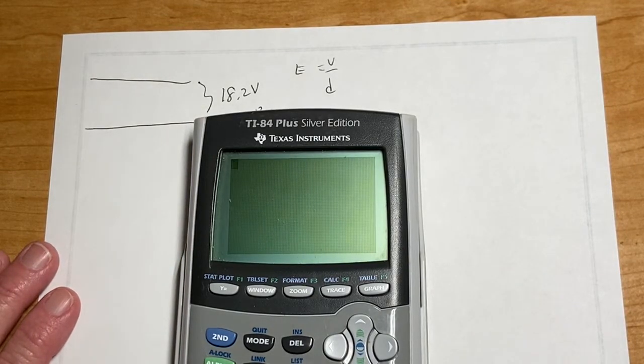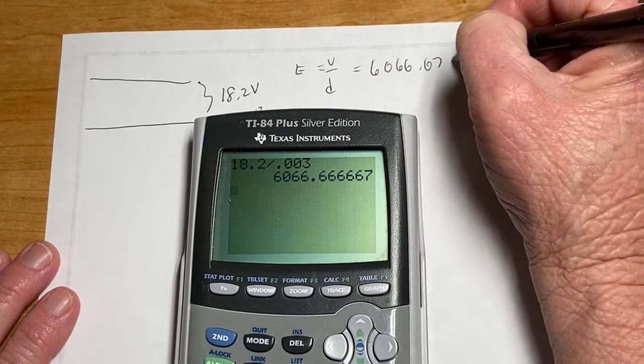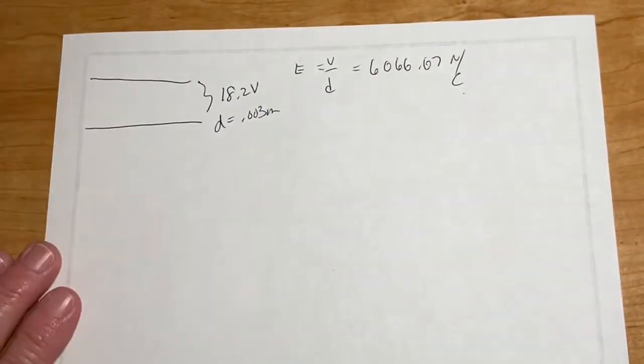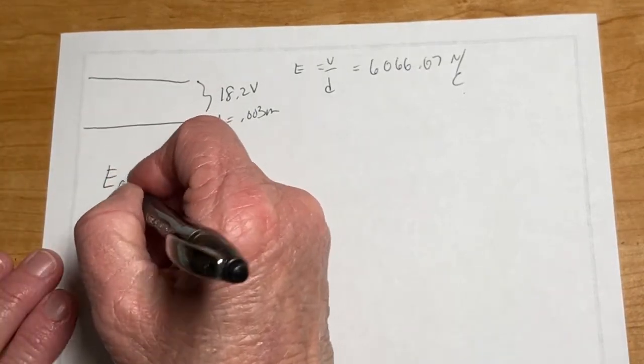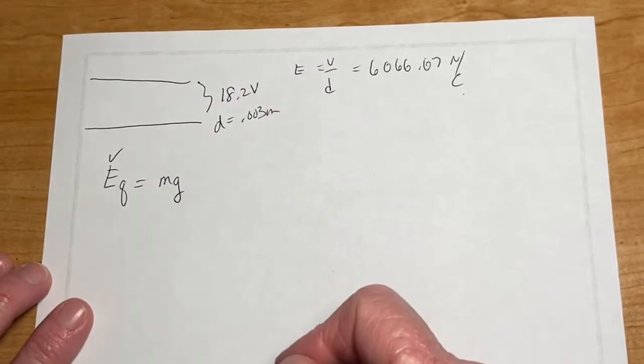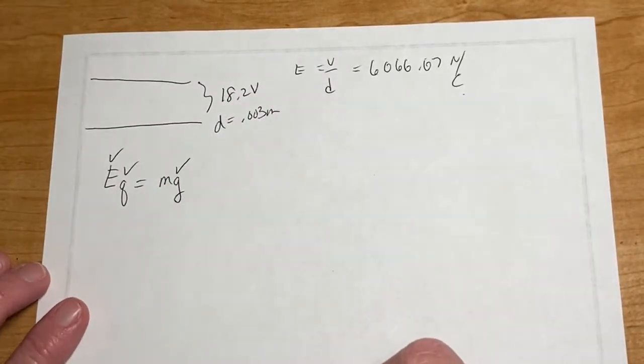All right, so 18.2 divided by 0.003, we have 6066.67 newtons per coulomb. The goal here is to get EQ equals mg to solve this. We just figured out E, we're looking for Q, gravity is 9.8, so now we have to do the mass.